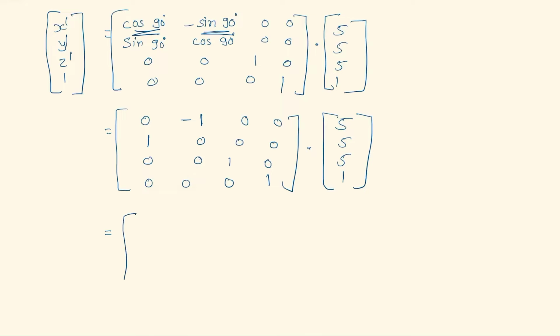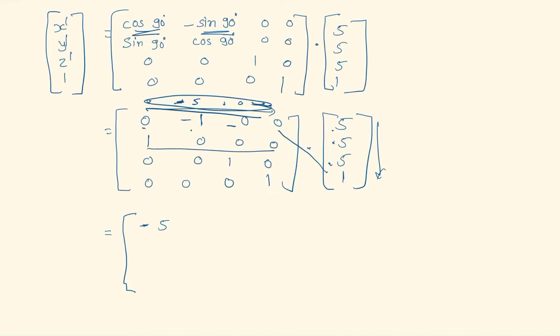Now multiply these matrices. So we get the value for the first row and this column. 0 into 5 is 0, minus 1 into 5 is minus 5, 0 into 5 is 0, 0 into 1 is 0. So summing all this: 0 minus 5 plus 0 plus 0, so the final value is minus 5.